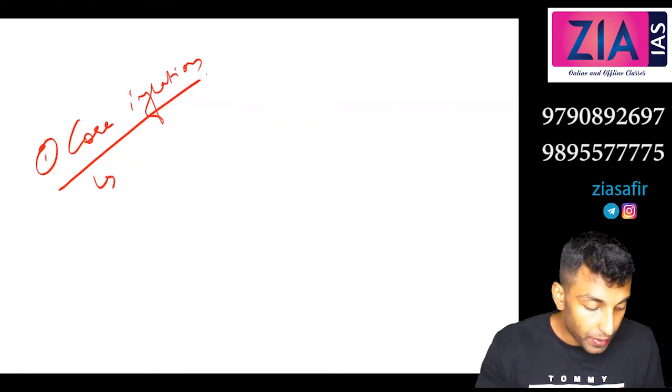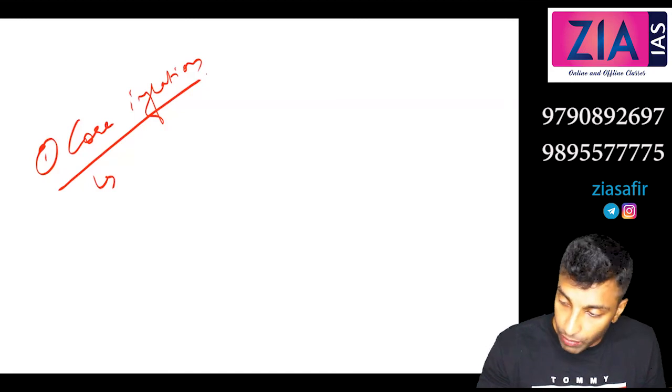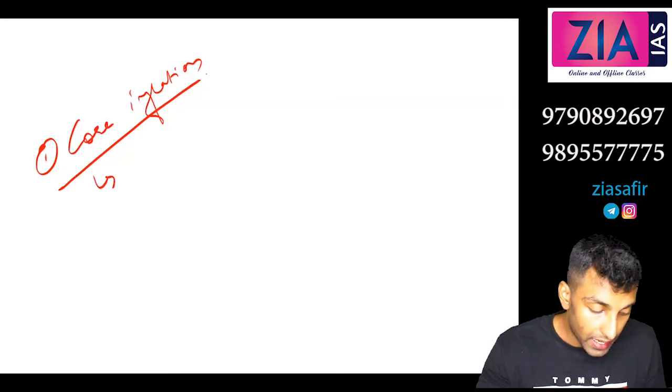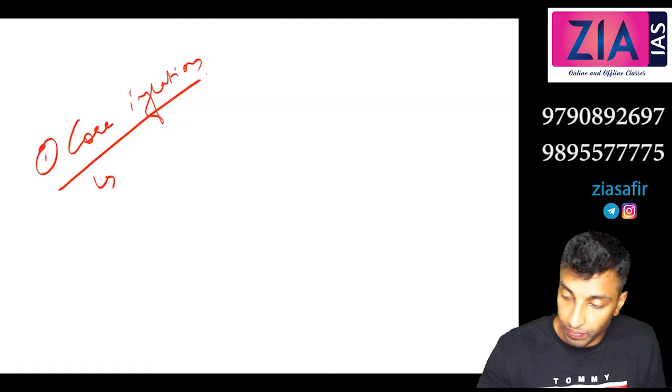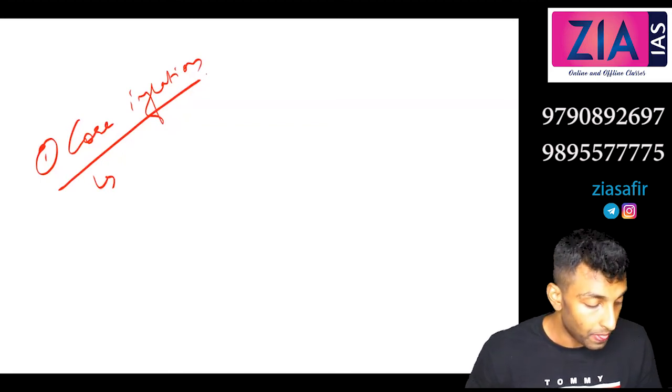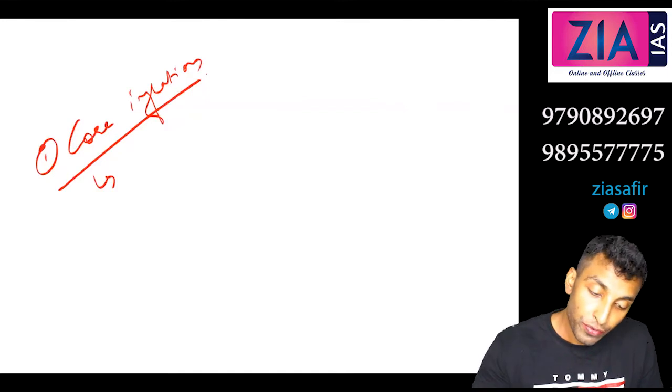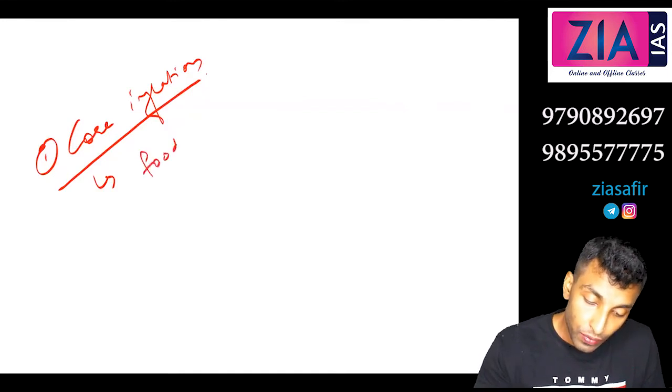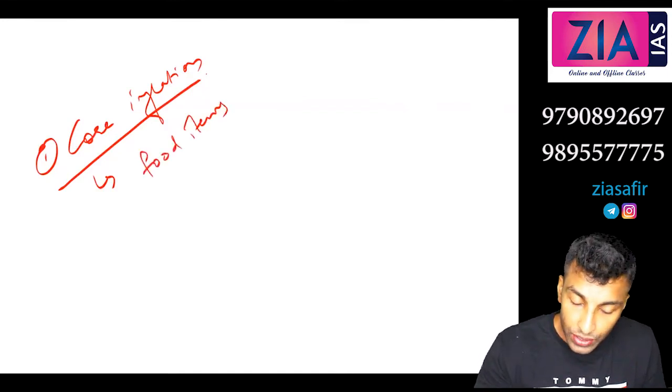It is based on prices of only those commodities whose prices are non-volatile. That means it does not take into account the prices of food items. I've told you why it is so volatile.